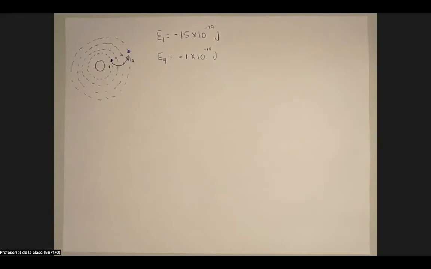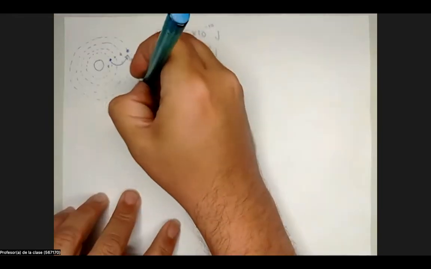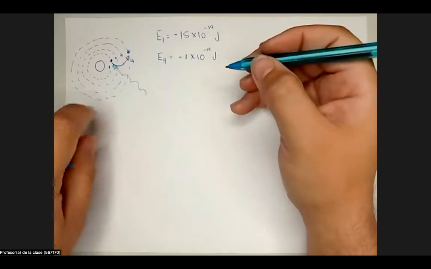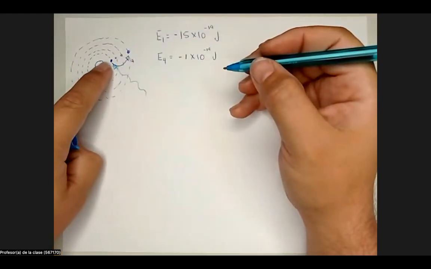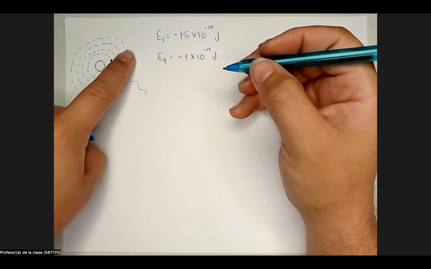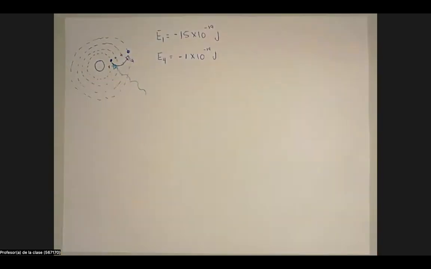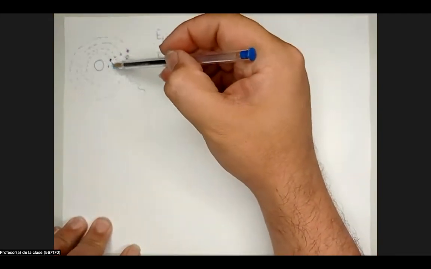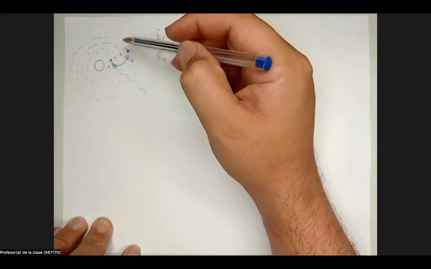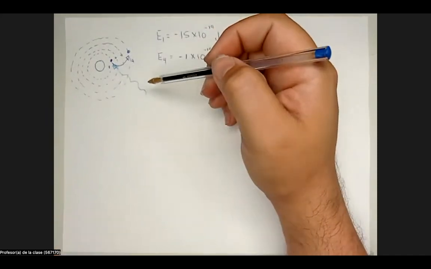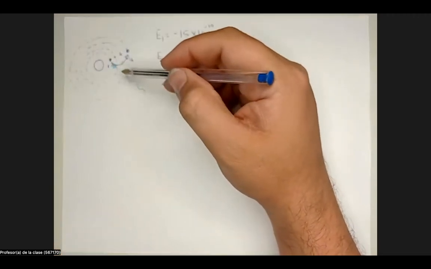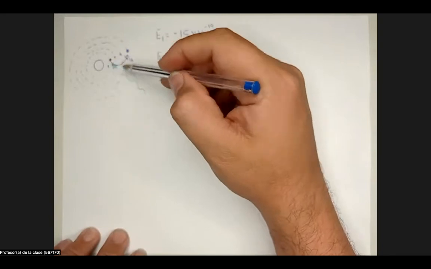Thanks to the photon that is coming here, the electron acquires energy to jump to the 4th level, okay? So of course, the energy needed to jump from 1 to 4 is thanks to the energy that this photon gives to the electron to do the jump.